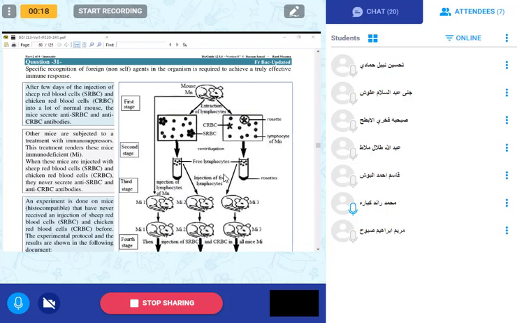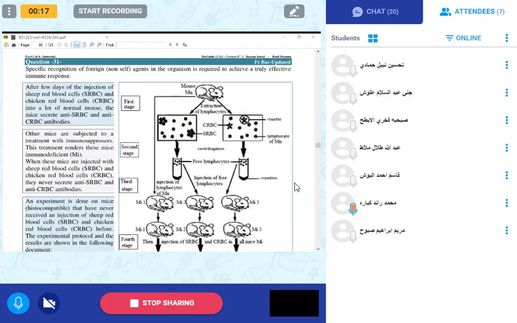Other mice are subjected to a treatment with immunosuppressors. This treatment renders these mice immunodeficient. تعطيهم immunosuppressor يعني كأنه عم تعمل لهم shut down للـ immune system، فصاروا immunodeficient، يعني عندهم نقص مناعة.